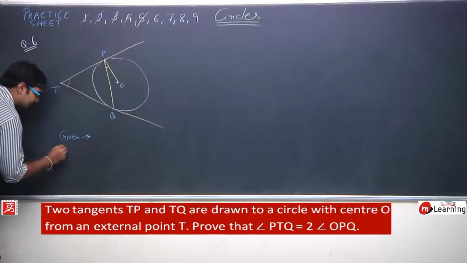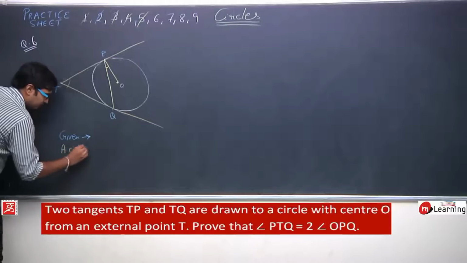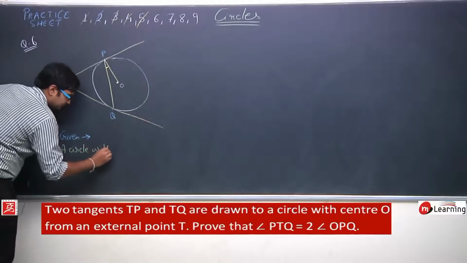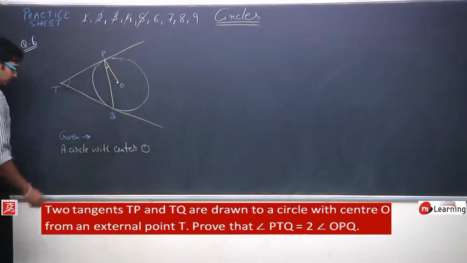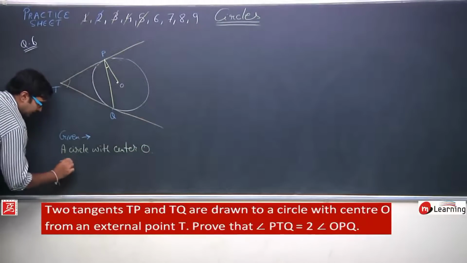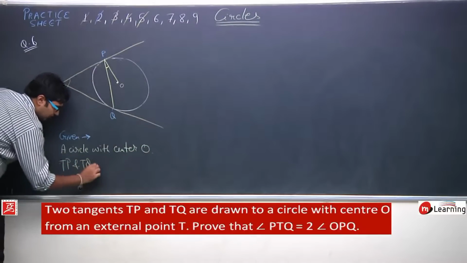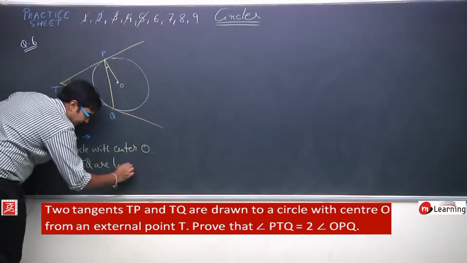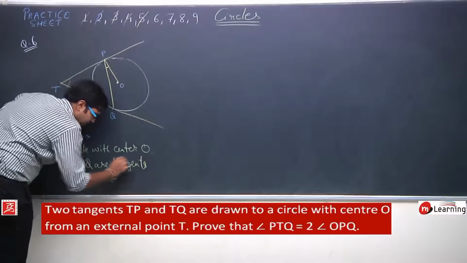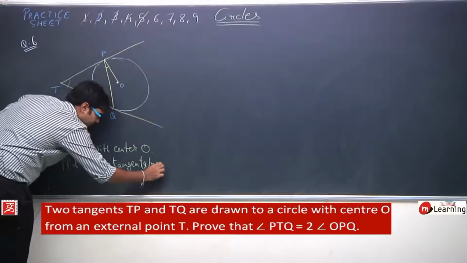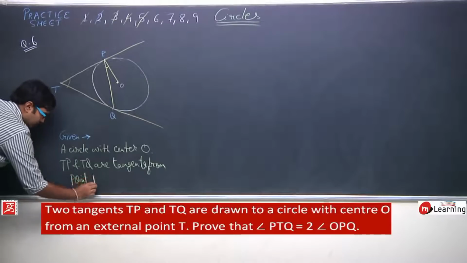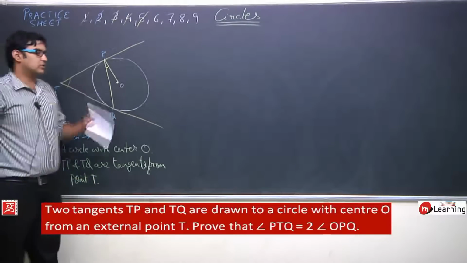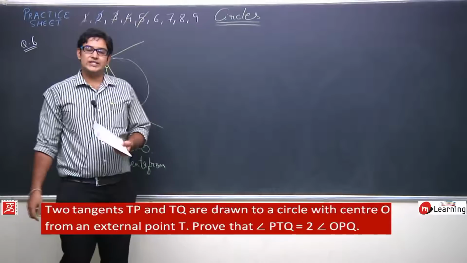The given conditions are: a circle with center O, then TP and TQ are tangents from point T. There is a point T from which we have drawn two tangents.